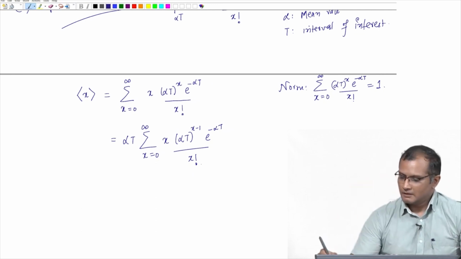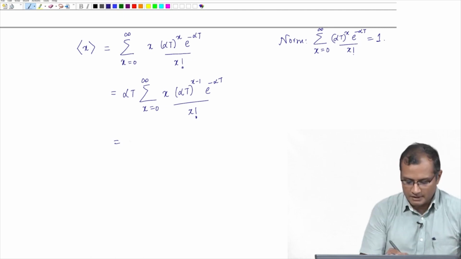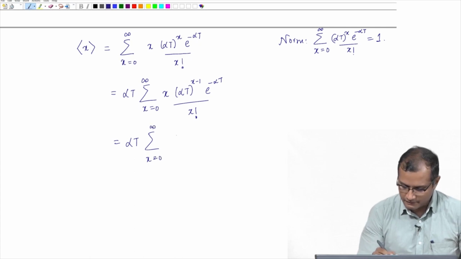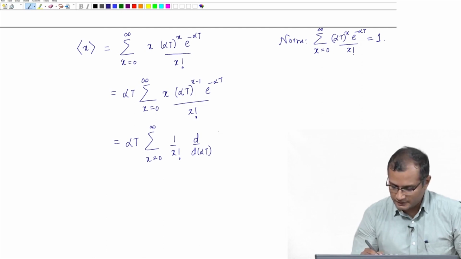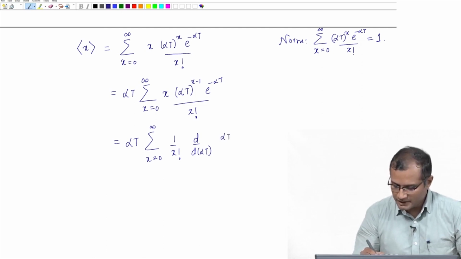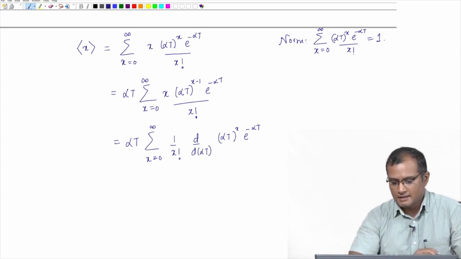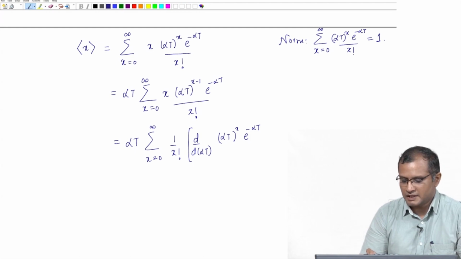Okay. Now, I can write it as a derivative, 1 upon x factorial into derivative with respect to alpha t of alpha t to the power x into e raised to minus alpha t. But I need to subtract something, because this is a derivative of a product.